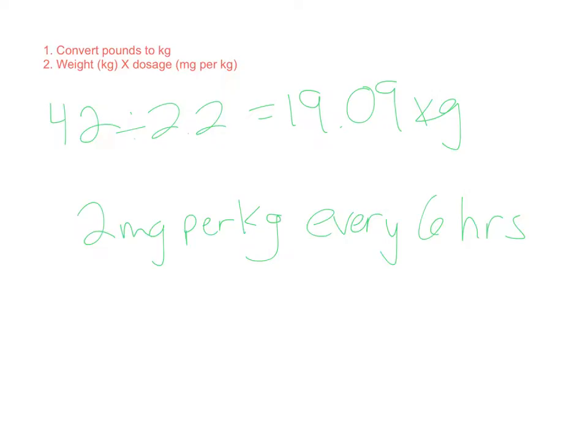So when I multiply 19.09 times 2, I'm eliminating the general part of this dosage because I know what my patient weighs in kilograms. So they're going to have to take 19.09 times that amount. So they take 38.18 milligrams. And how often? Every 6 hours. So every 6 hours in this day-long period, my patient is going to end up taking 38.18 milligrams.